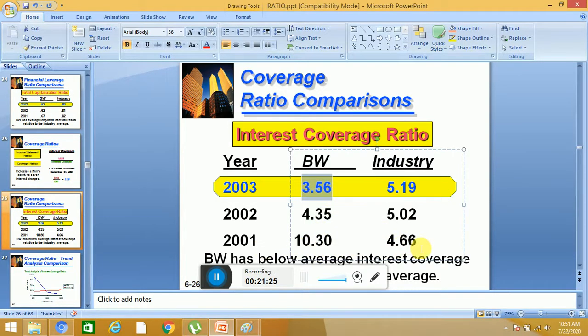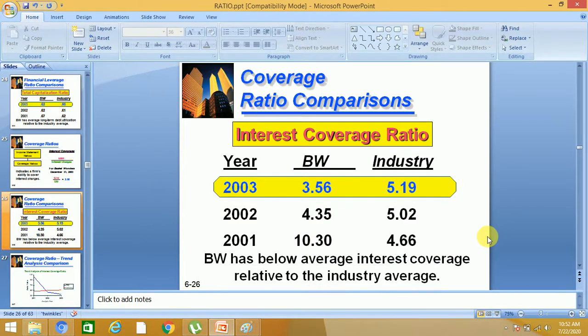In 2001, it was 4.66. In 2002, it becomes 5.02, and in 2003, it becomes 5.19. So it is increasing. The industry coverage ratio is increasing and our coverage ratio is going down, which is a negative sign, which is not a good sign.